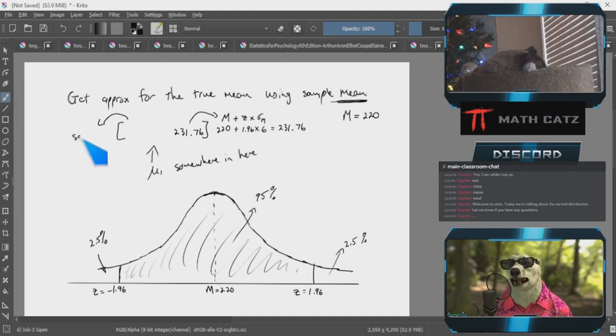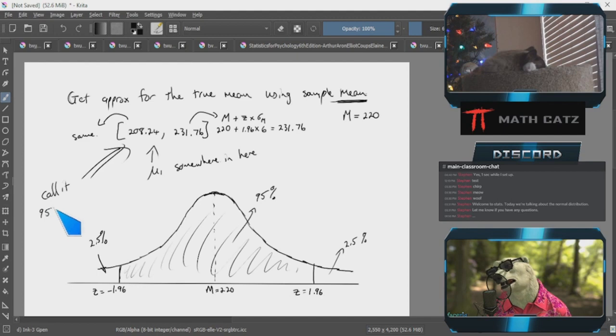And if we do the other one, and I'll show it in a second, we'll get 208.24. So this interval we'll call it the 95% confidence interval for obvious reasons.